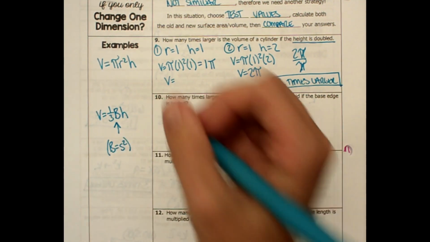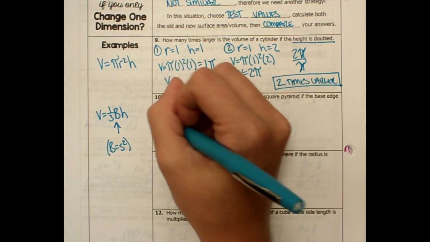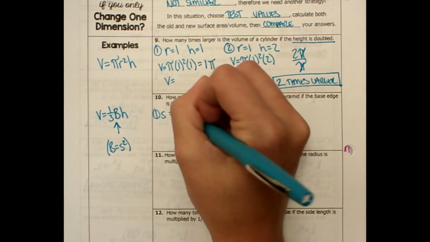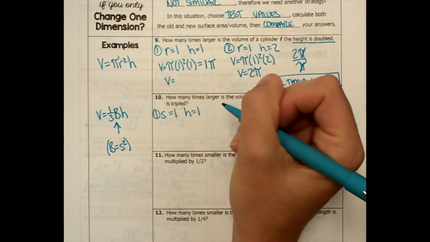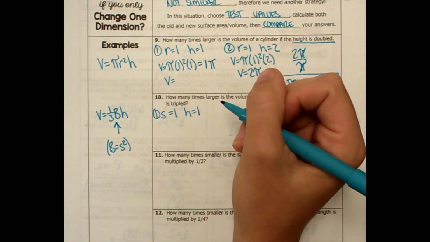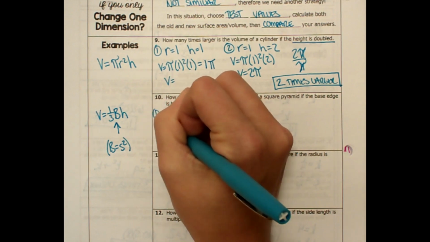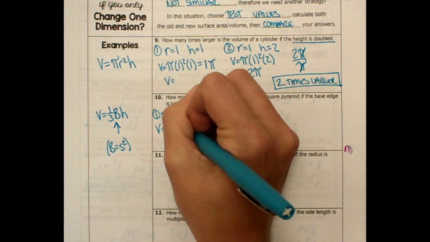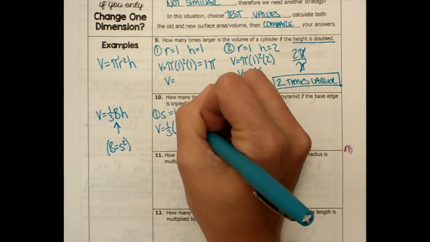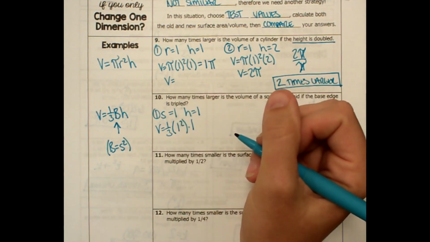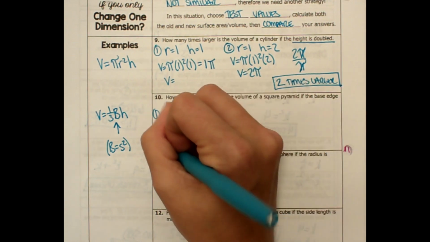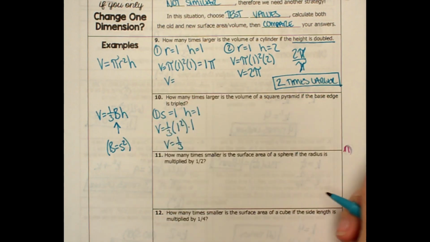So if we look at the first one, if my side is equal to 1 and my height is equal to 1, and we substitute that in, volume is equal to 1/3 times 1 squared times 1. You get that your volume is 1/3.